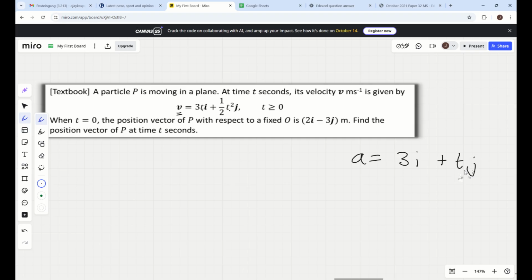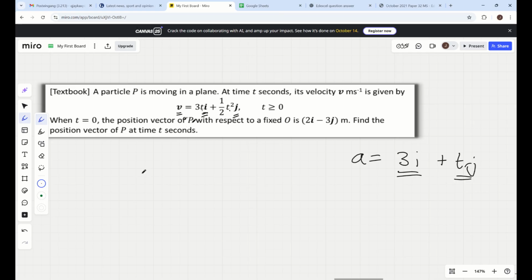Can you see that the j bit depends on t? So there's a constant acceleration bit and there's a variable acceleration bit here. So on these kind of questions, normally the best route is just to go down the variable acceleration route altogether, okay? But I'm afraid it's not as easy as, oh, it has i's and j's, so I should just differentiate or integrate. It's not always the best way to do it, or even the correct way.